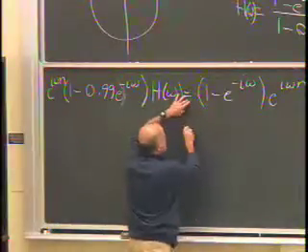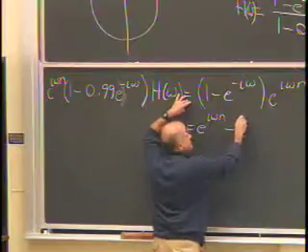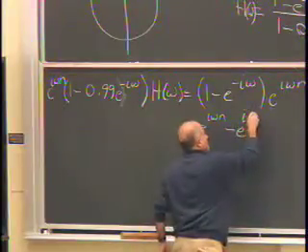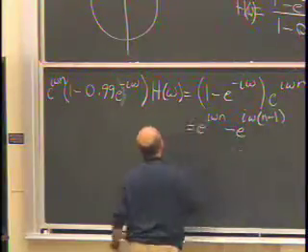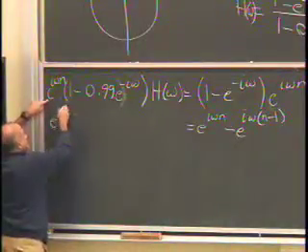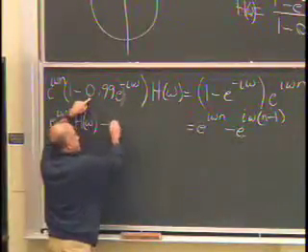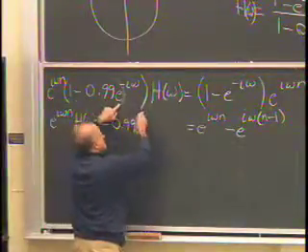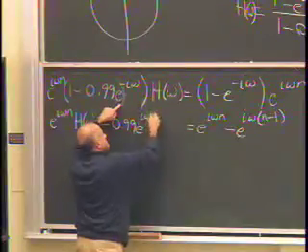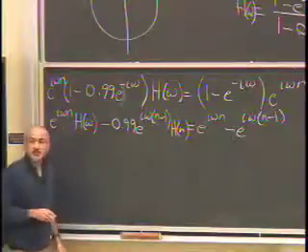So on this side, you have e to the i omega n minus e to the i omega (n minus 1). On this side, you have e to the i omega n H of omega minus 0.99 e to the i omega (n minus 1) H of omega.